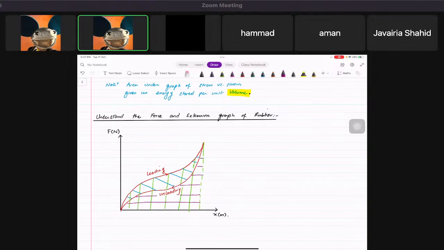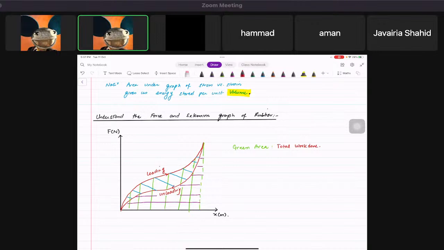So now we need to understand what these areas mean. First of all, let's talk about the green area. The green area is basically known as the total work done. In fact, any loading graph would give you this.